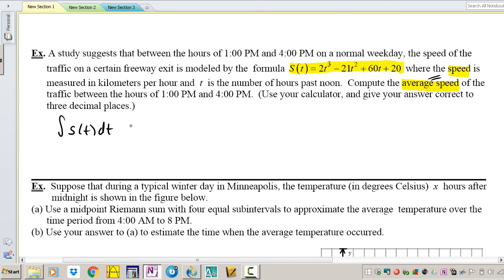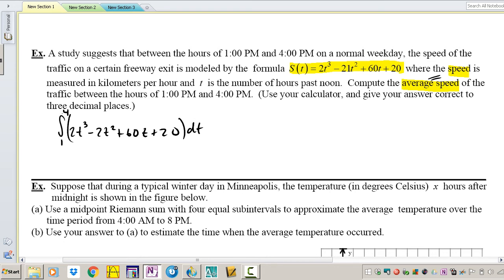So I want to find the average value. I want to find the average speed. So I first have to integrate the S of t function, which is already measured in speed, from where to where? From 1 to 4.